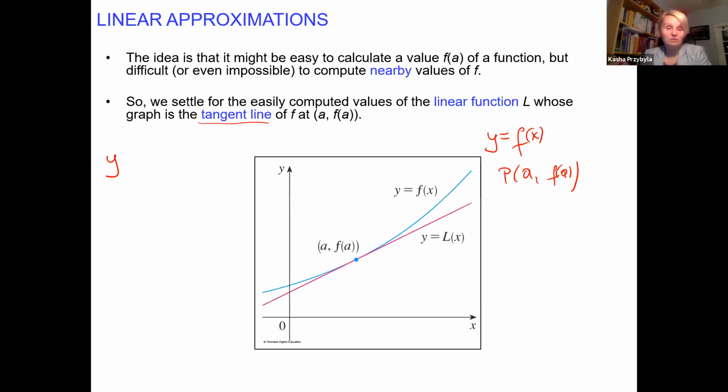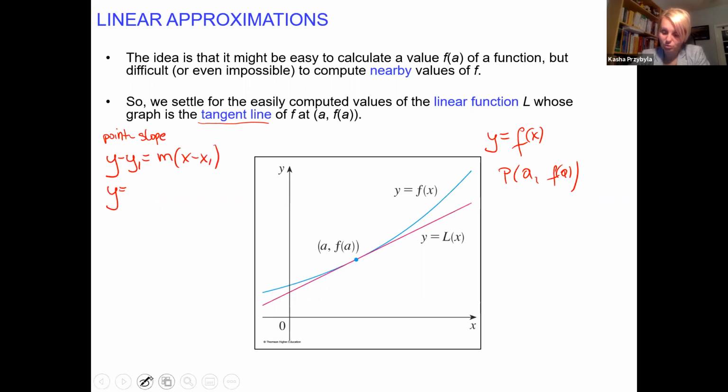If I ask you to find the equation of the tangent line to the function f of x at the point a, f of a, what will we do? We will use the point slope form, because the point is given: y minus y1 equals m times x minus x sub 1.